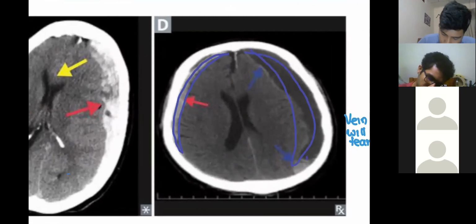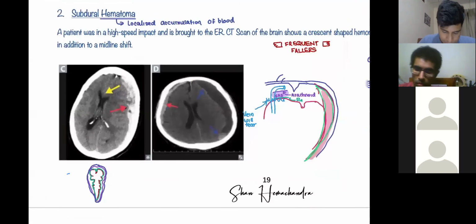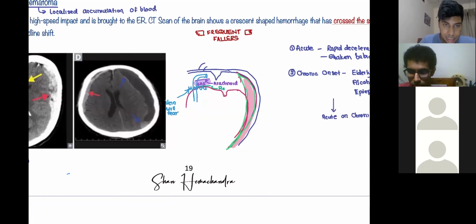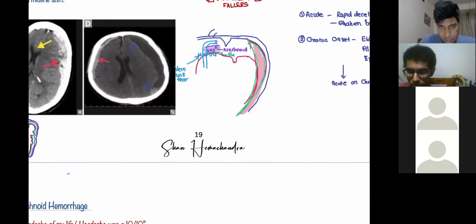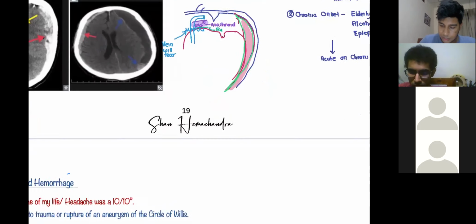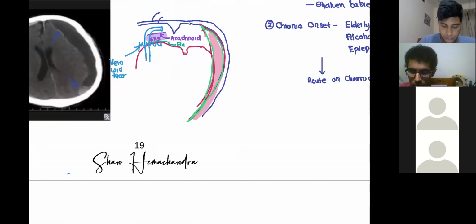These are all old bleedings. So the patient has old bleedings and he gets a new bleeding. Acute on chronic. I hope you guys understand this. This is what I call frequent fallers.